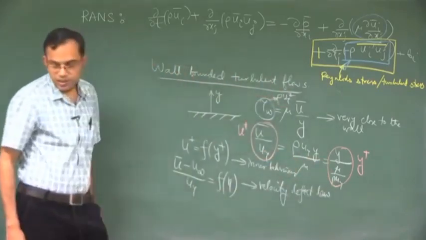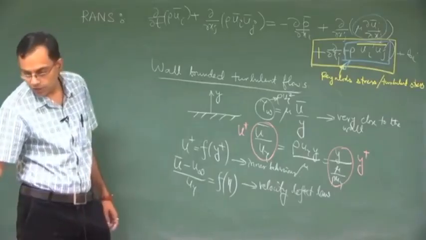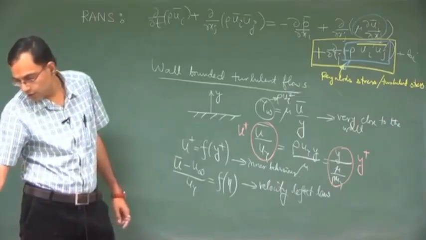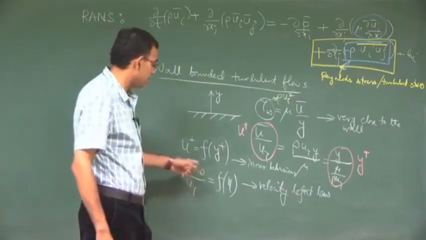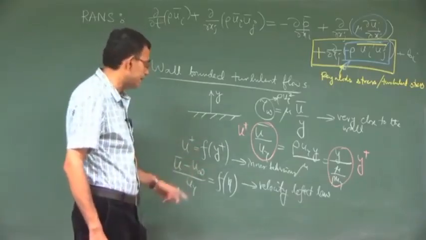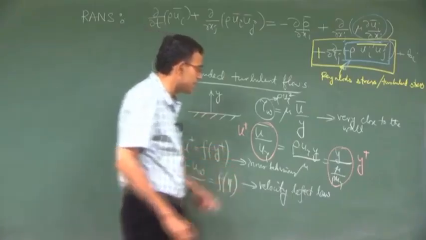Okay. So, this is called the velocity defect law, and I will show you later on how these two laws correlate. So, this is an inner behavior, this is an outer behavior.